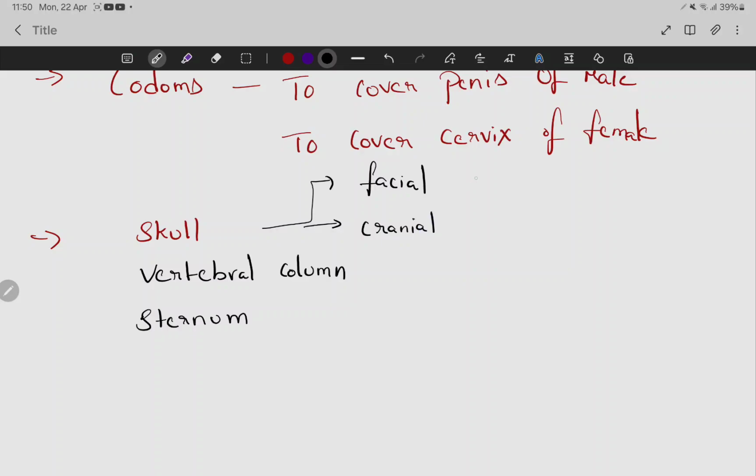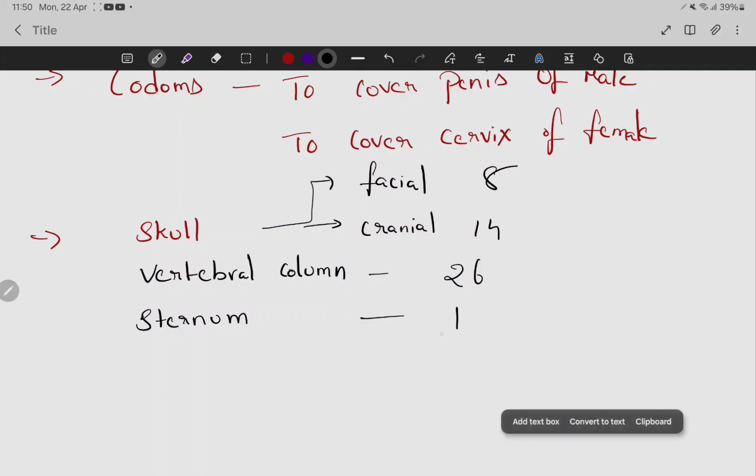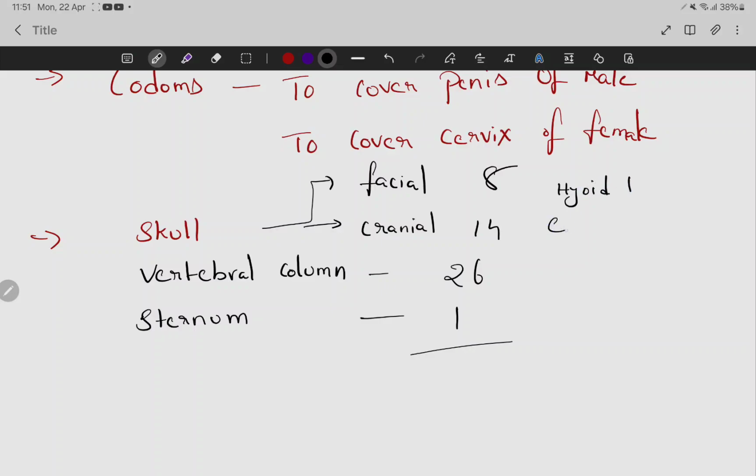Facial bones is 14, cranial bones is 8, vertebral column is 26, sternum is 1. So altogether, with the skull, we have to include the hyoid 1 and ear ossicles 6. So totally we get 56.